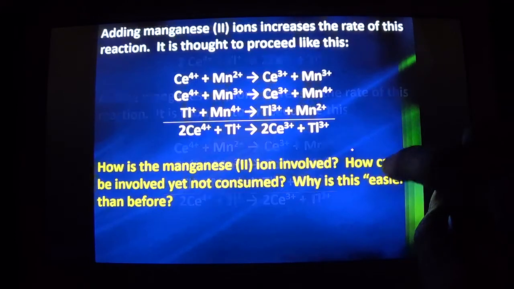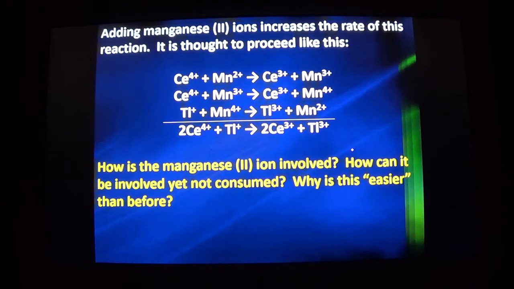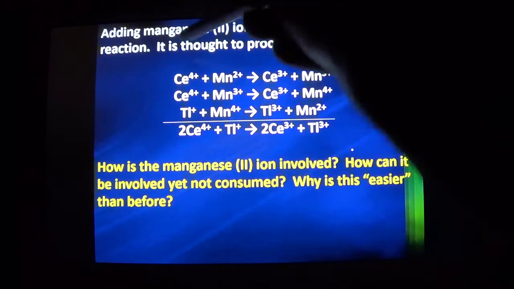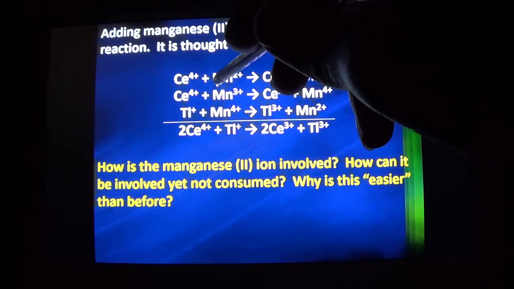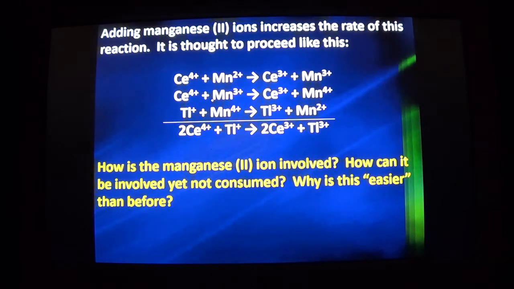Okay. So, how is our manganese ion involved? Let's call it an intermediate. It goes in between the ceriums and the thalliums. It does some of the work for us. It does a trade, and then another trade. So we'll call that an intermediate.